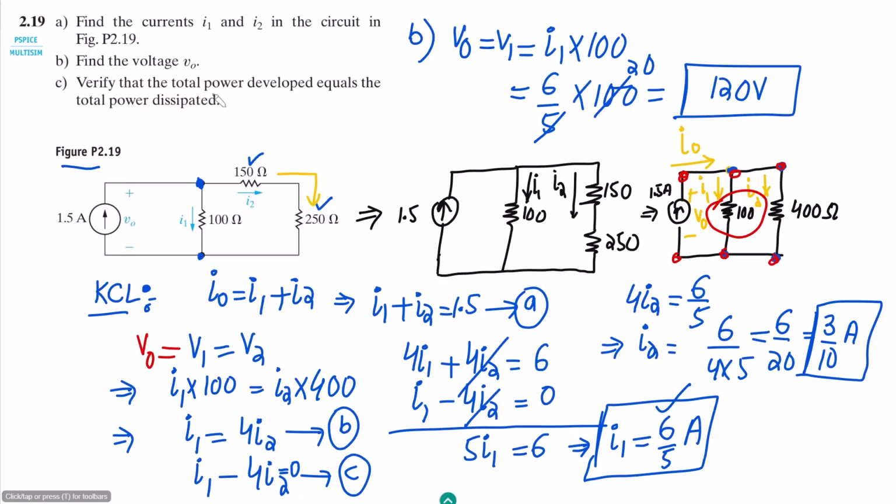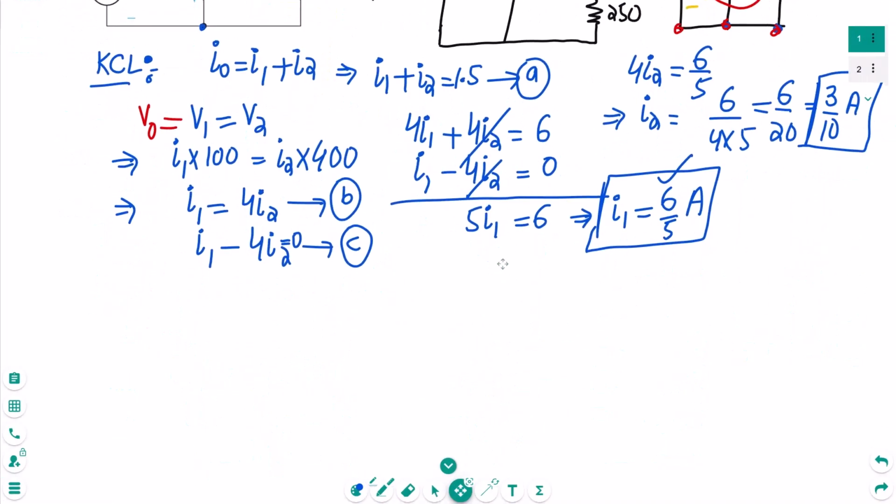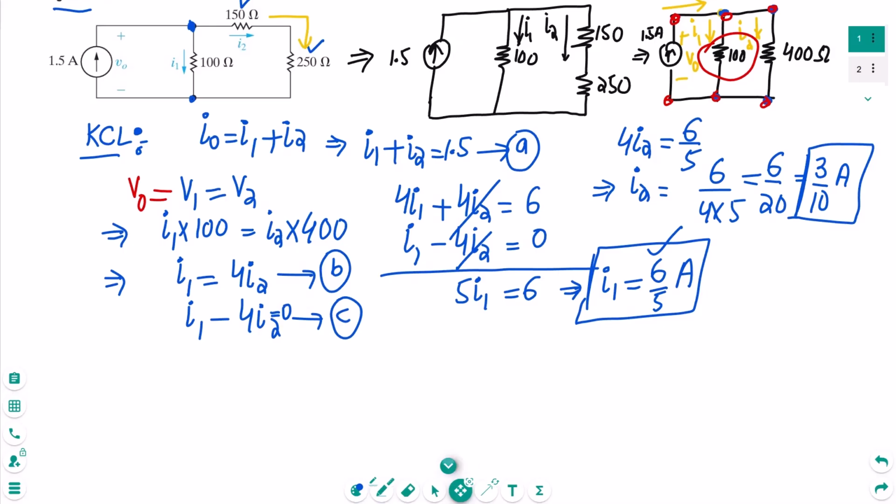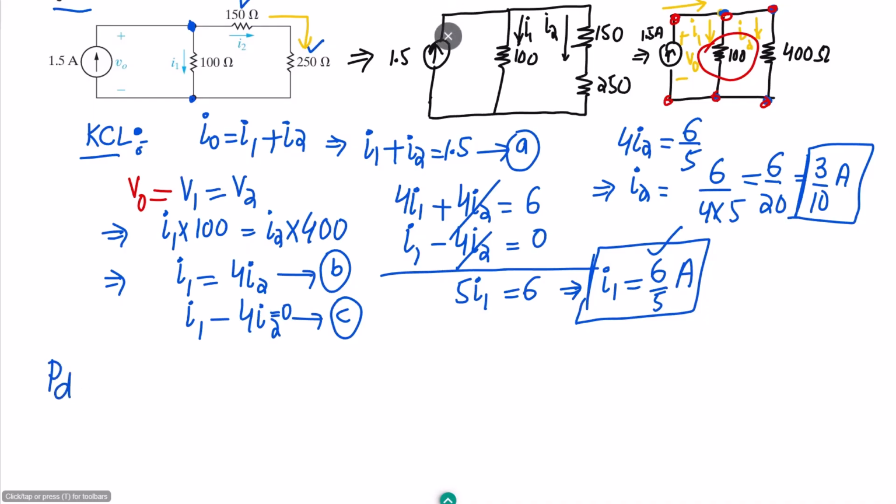Similarly here, verify that the total power developed equals the total power dissipated. For it, let me move down somehow. So first of all, let me find out the power developed. The power developed is across the source, which is here.